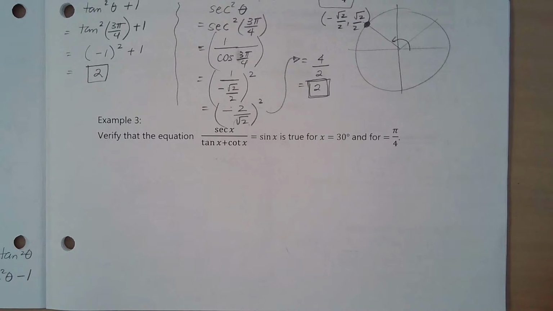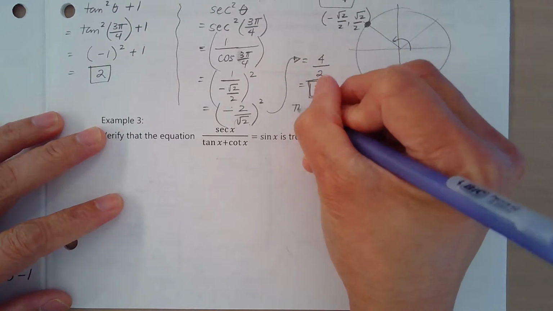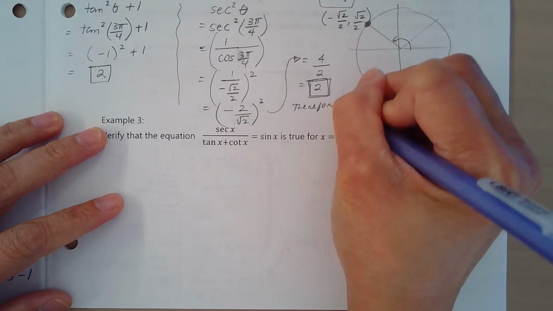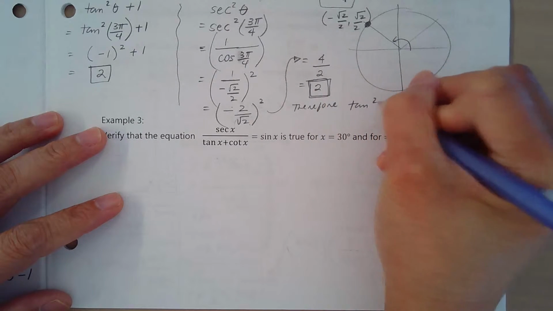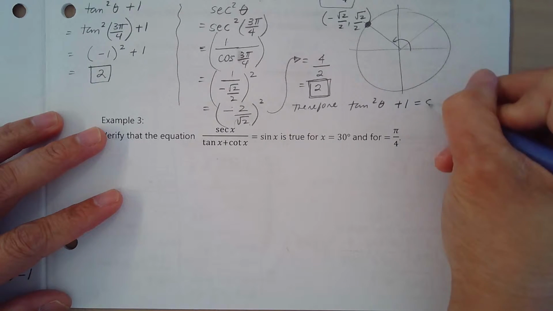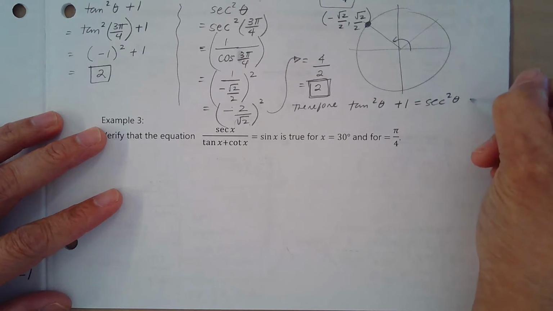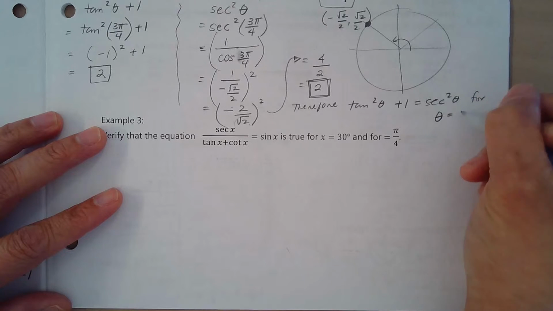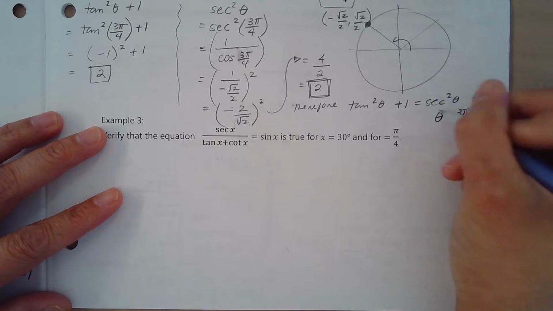So that shows that, therefore, tan squared theta plus 1 equals secant squared theta for theta being 3 pi over 4.